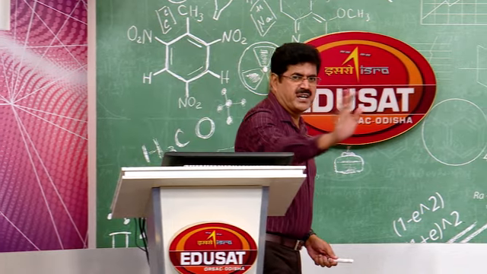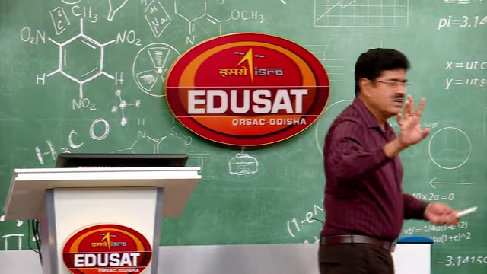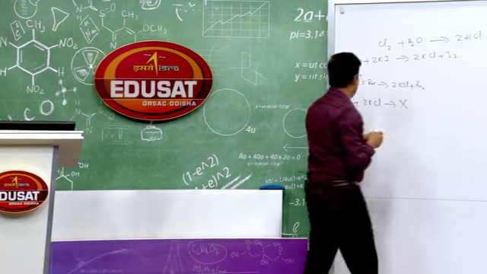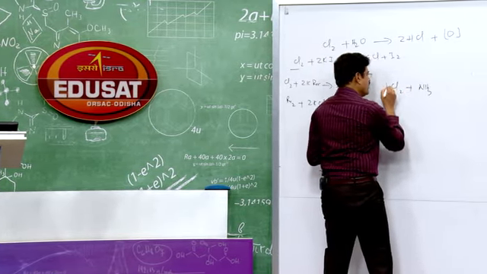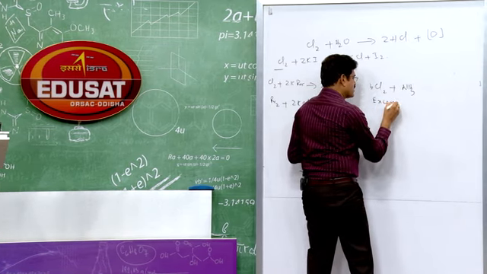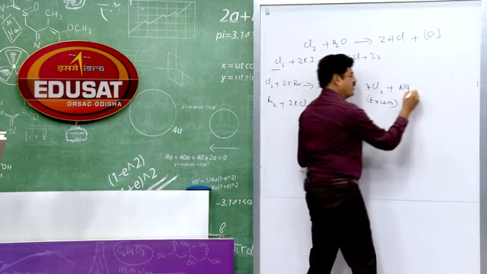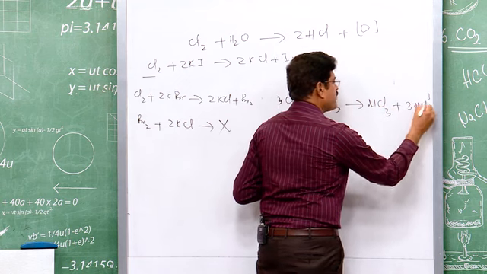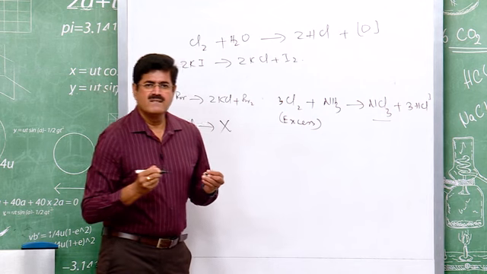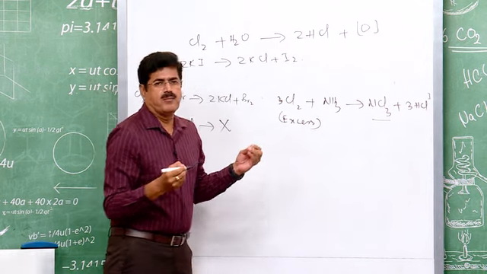Also, let me write two more important reactions for chlorine oxidizing action: Cl2 with ammonia. With excess of chlorine, important reaction students, it gives an explosive compound, NCl3.